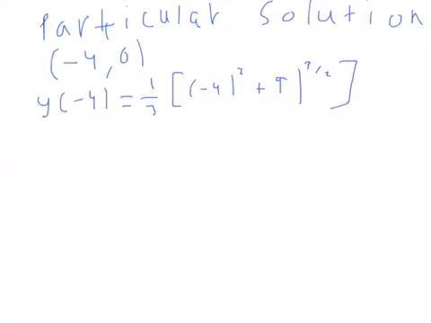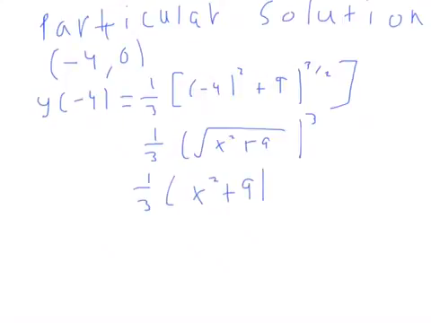And I got the 3/2 because originally you have 1/3 times, what is it, x squared plus 9, and that's cubed, and this just is equal to x squared plus 9 to the 1.